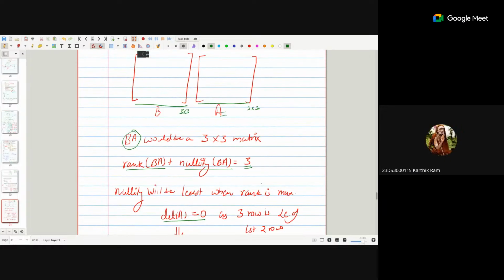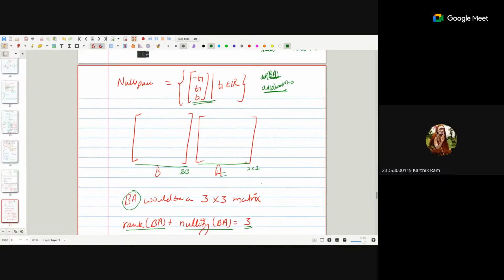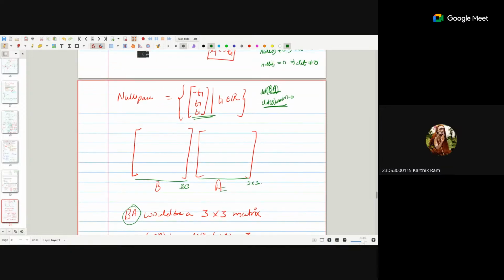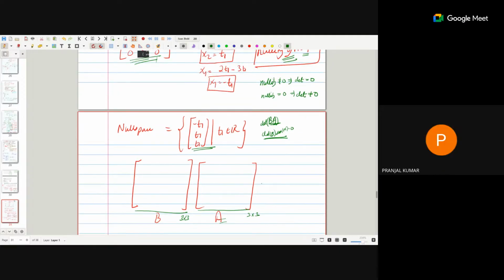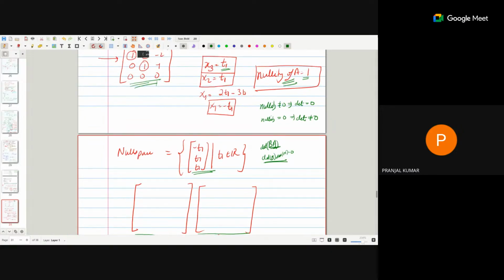Can you say that determinant of A being 0 means there is no dependent variable, only independent variables? No, because nullity is greater than 0. Nullity of A is non-zero, which you can see is 1 here. Nullity non-zero does not mean all are independent variables. I'm not saying that it is 1, 2, or 3, I'm just saying it's a non-zero number.